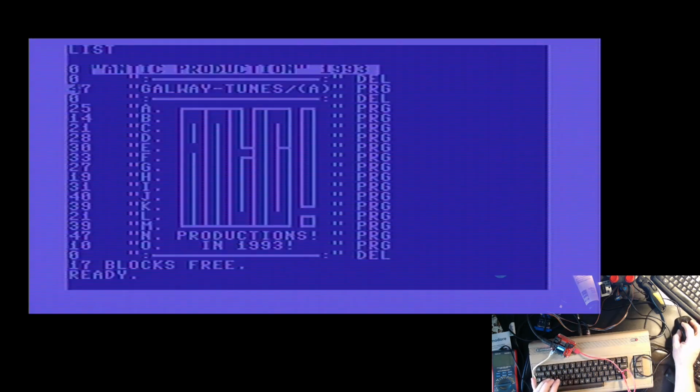Okay, let's try Martin Galway's music. I think the Ben Dalglish's sounded off with that, so I just want to try it with this.